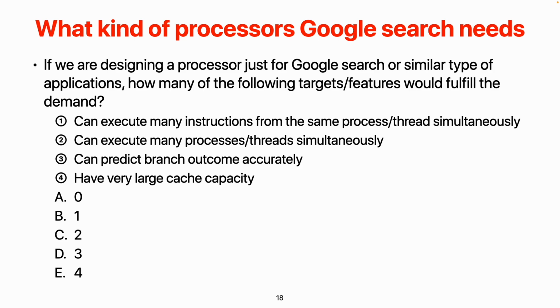ILP, instruction level parallelism, right? Because it says we want to execute as many instructions as possible from the same process, the same thread. So that's instruction level parallelism. What did the paper say about instruction level parallelism?